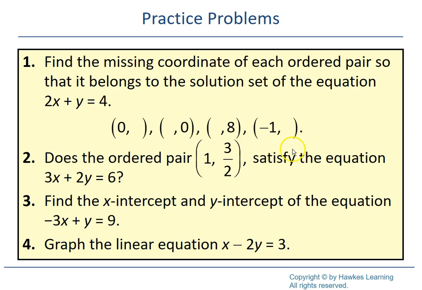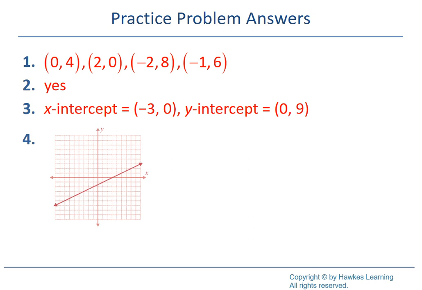Okay, here are some practice problems, and you'll be doing some. And if you paused on that and then you want to see your answers, here they are right here. But we'll try to keep this around 20 minutes.